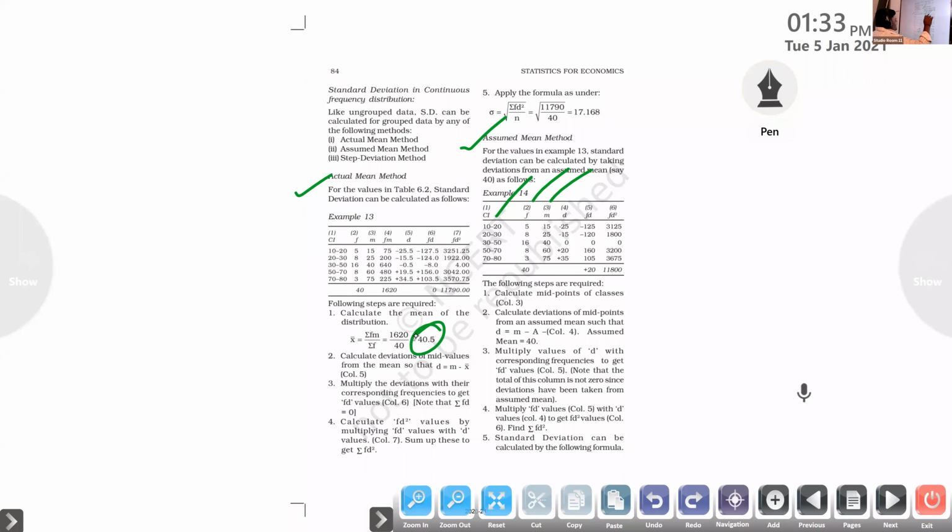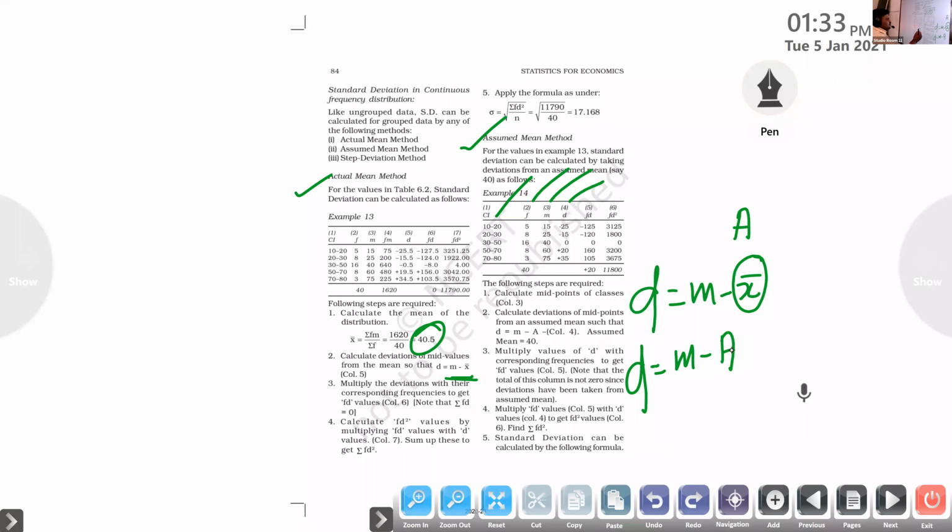The deviation D is equal to, you can see the equation here, M minus X. Here, instead of X bar, we are using A, the assumed mean. Clear? For the actual mean we use X bar, but for the assumed mean we use capital A. So D is equal to M minus the assumed mean.